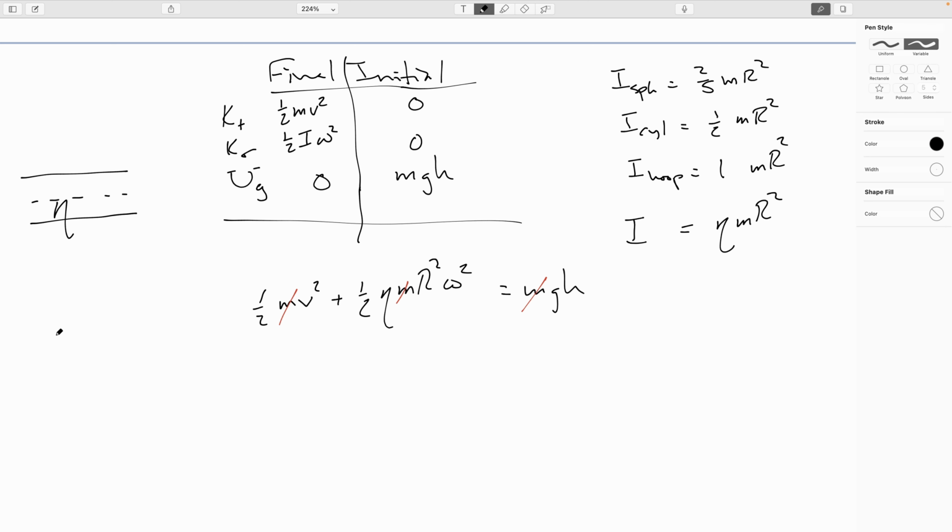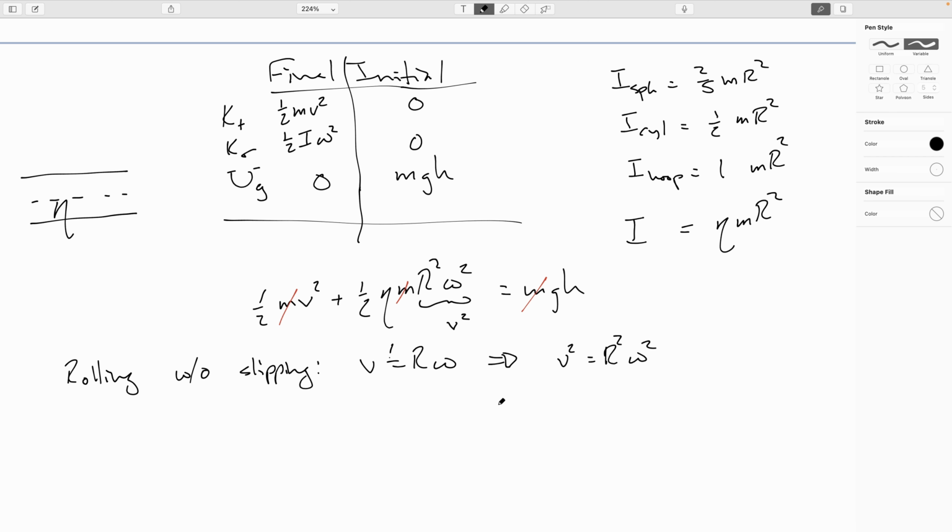All right, now because we are rolling without slipping, we require that our center of mass velocity equal r omega. So that's going to give me v squared equals r squared omega squared. Hey, I just happen to have one of those right there. So that's v squared.